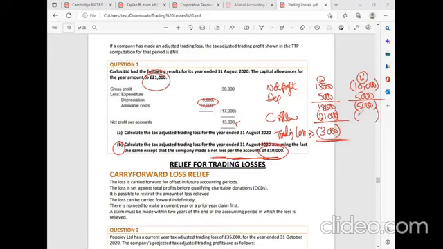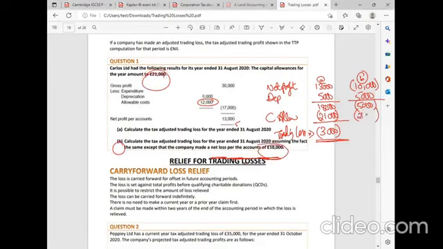Capital allowance is 21, which means my loss is going to increase. Capital allowance is the only thing which can create a loss or increase a loss. It's creating a loss in the A part and increasing the loss in the B part.